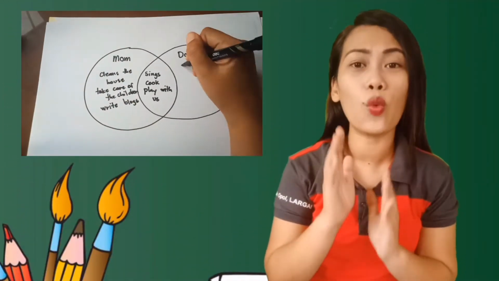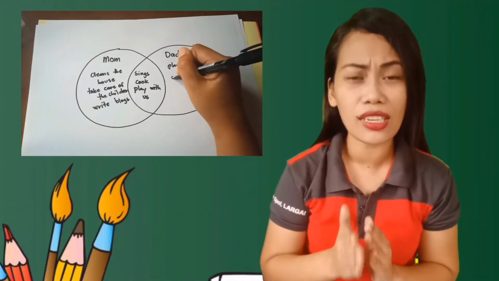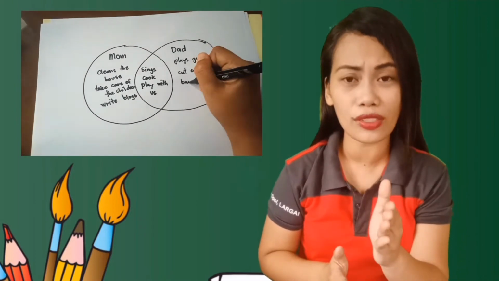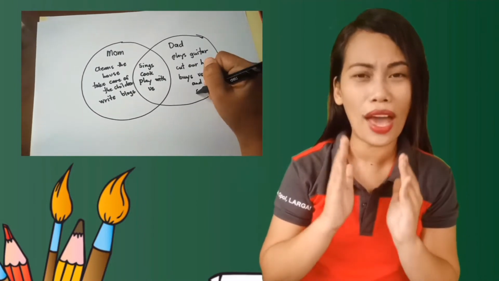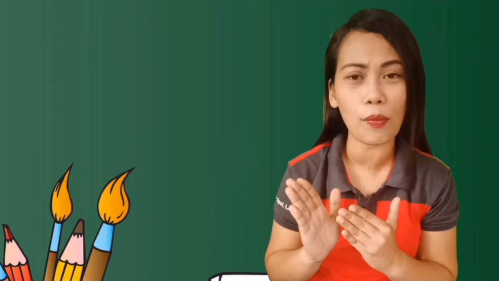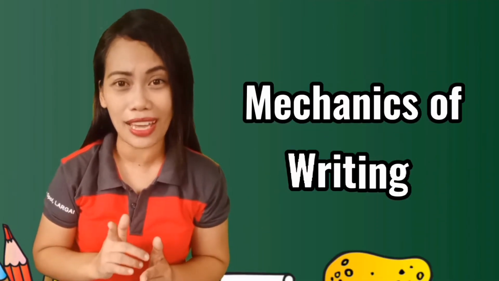But of course, maybe you have the content, maybe you have a very good idea about the topic. But the problem there is you lack the mechanics of writing. So how are you going to write a paragraph composition?